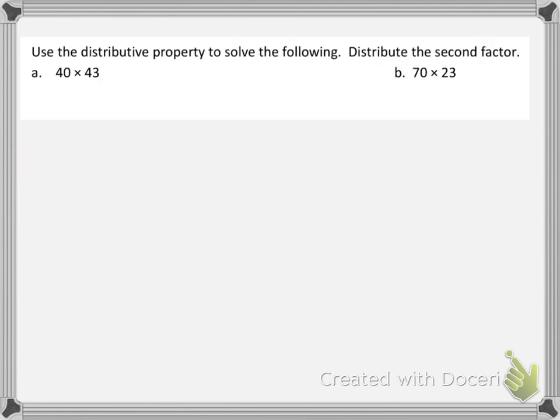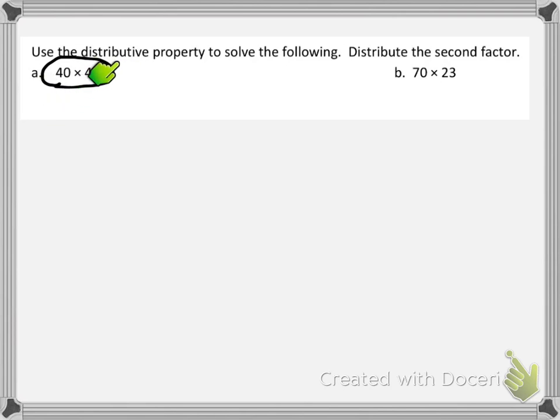All right, now in our last problem, we're going to just do this one right here, 40 times 43. And we are going to use now the distributive property to solve this problem. All right, so what are we going to do here? We're going to break up that 43, all right, and multiply each of those numbers by 40. So we have to focus on breaking this guy up and multiplying each one of those numbers by that 40.